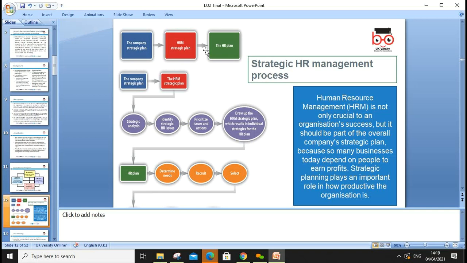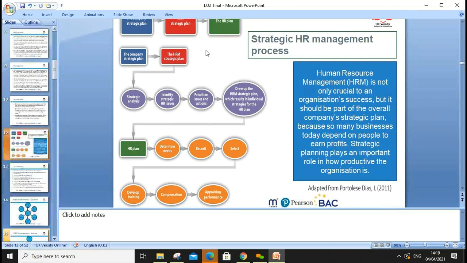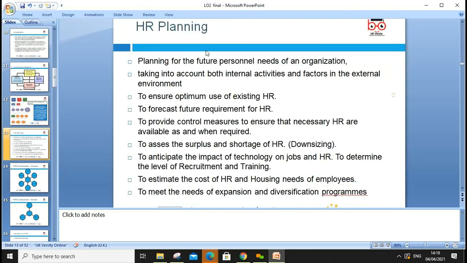So the HR plan: determine the need, recruit and select, and then develop training, compensation, and appraise the performance. If somebody did not do the performance right, you should identify the area of development. So you should have a clear appraisal system in place in our organization. If not appropriate, then we do not really achieve what we are supposed to achieve.